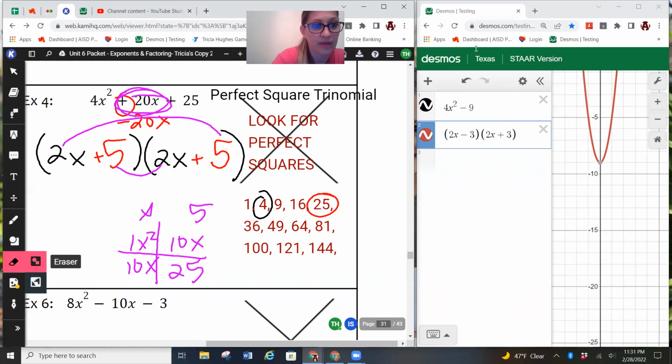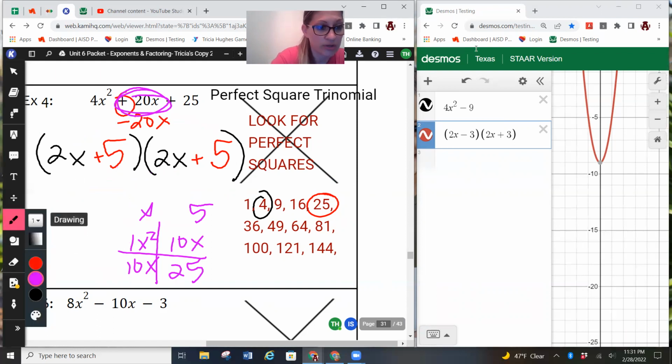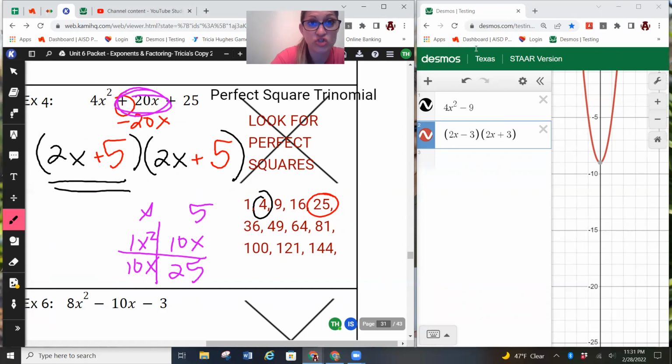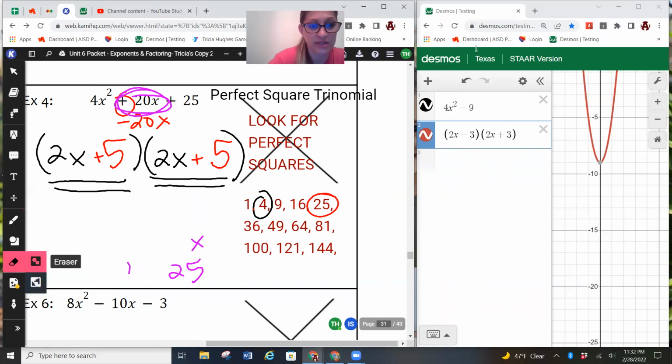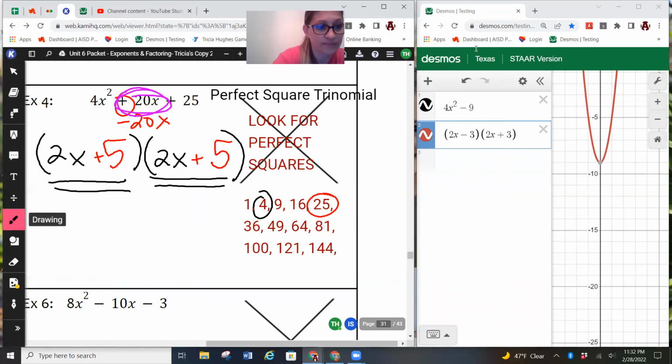Now, your STAAR test will simplify this, because this is the same 2x plus 5 multiplied by 2x plus 5. So the final answer will be written as 1 binomial squared.